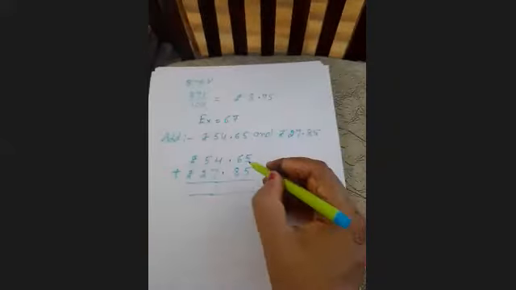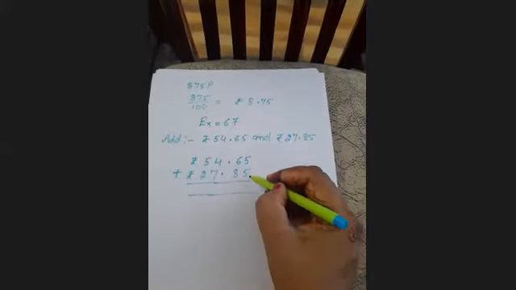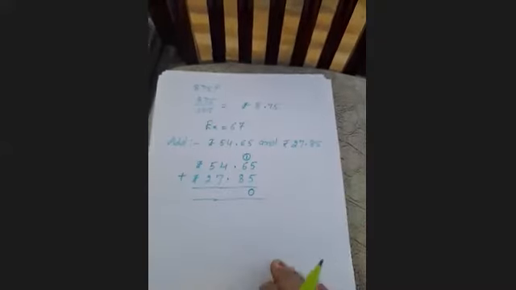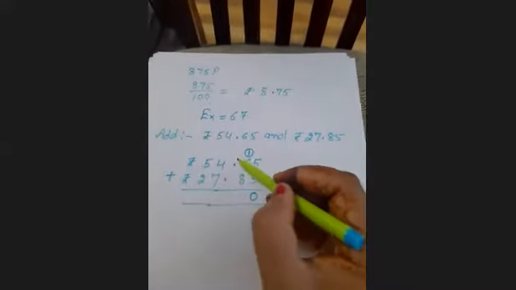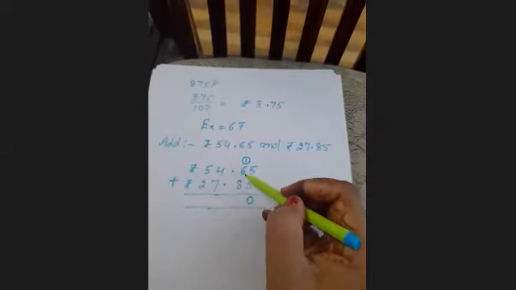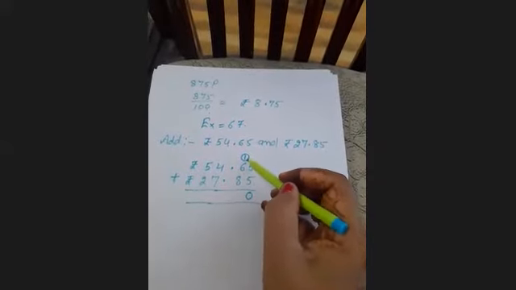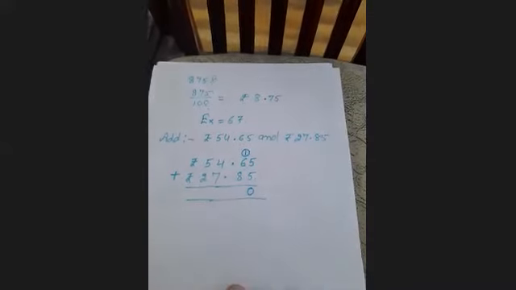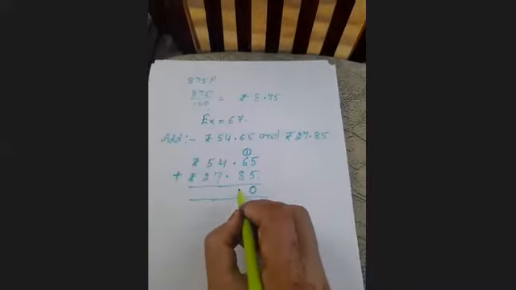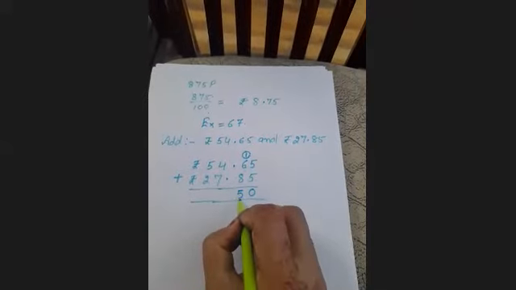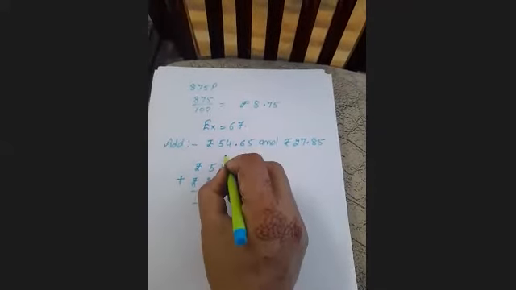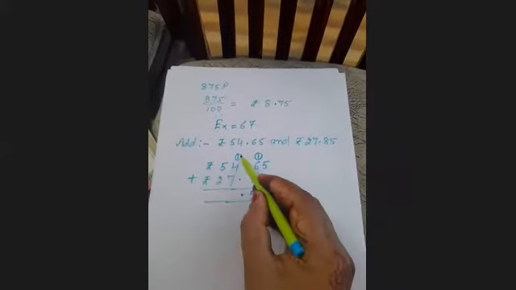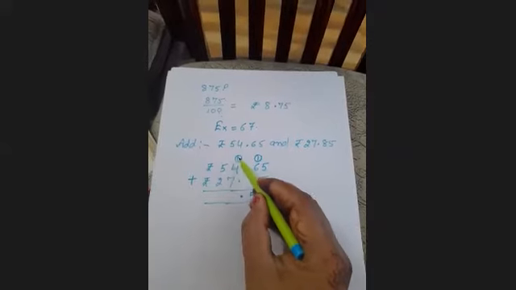Yes, students, start from 5 plus 5. 5 plus 5 is 10. So put here 0 and carry 1. Next is 6 plus 1. 6 plus 1 is 7. And 7 plus 8 is 15. So write here 5 and carry 1. Next is 4 plus 1, 5.